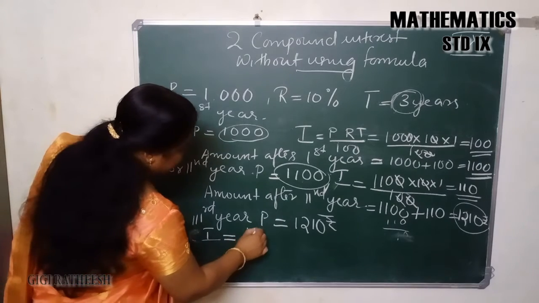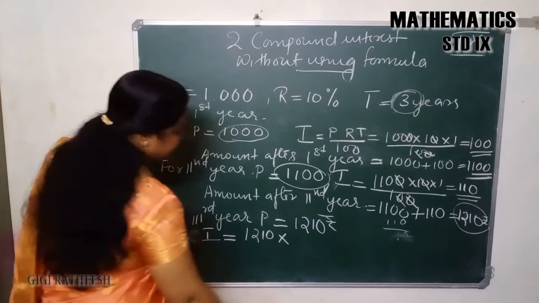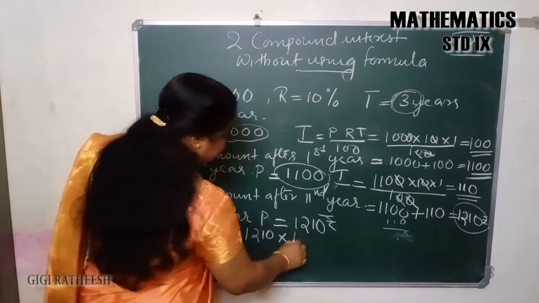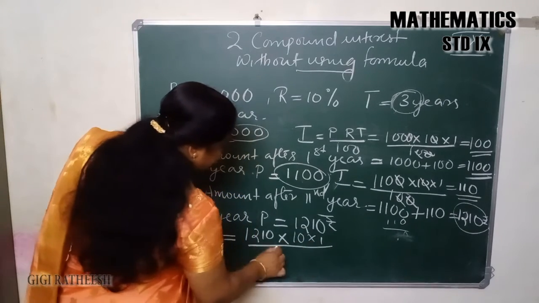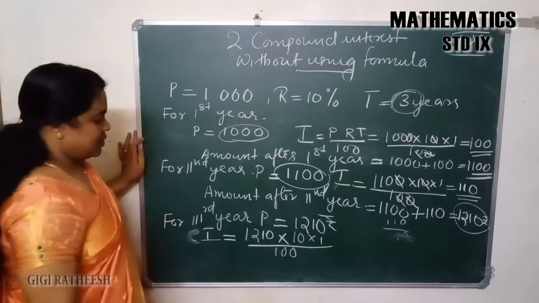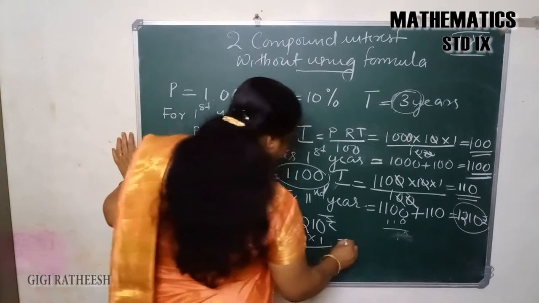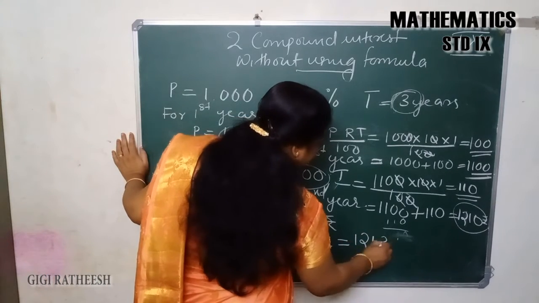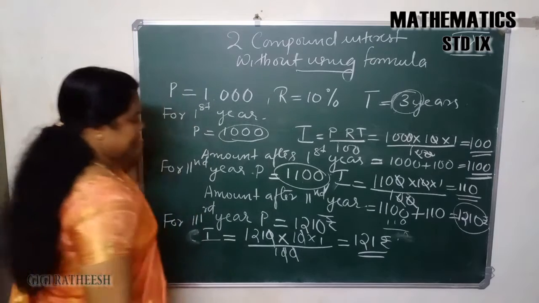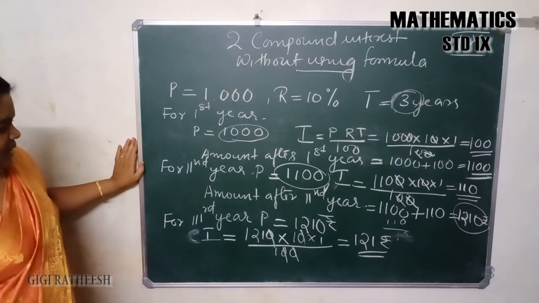I is 1210 into 10 into 1 by 100. Cancelling these two zeros, that is 121, which is the interest calculated.